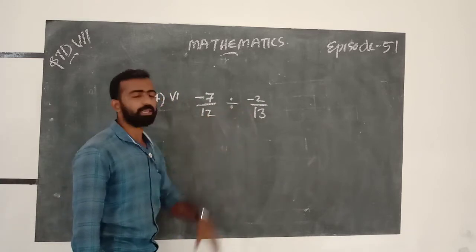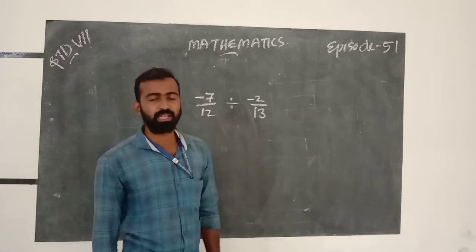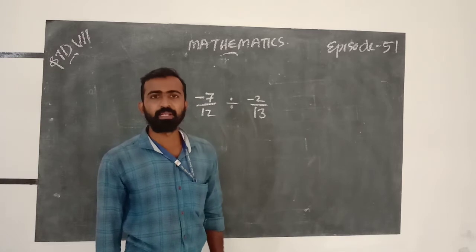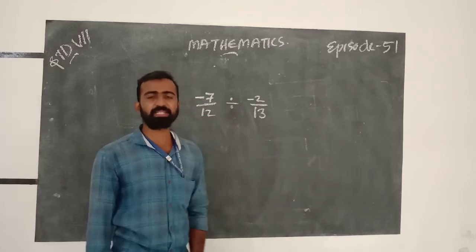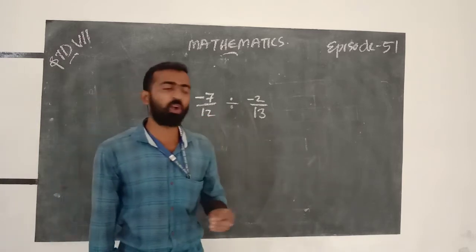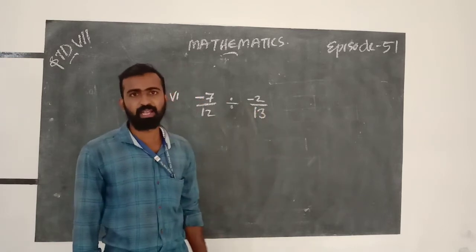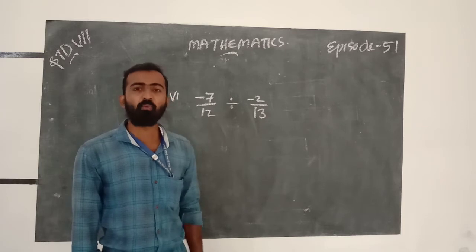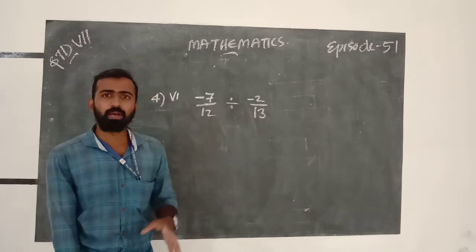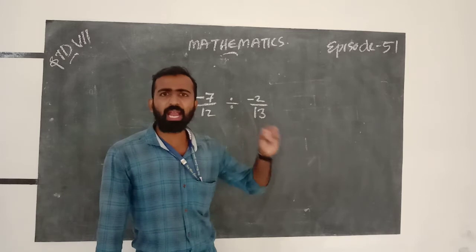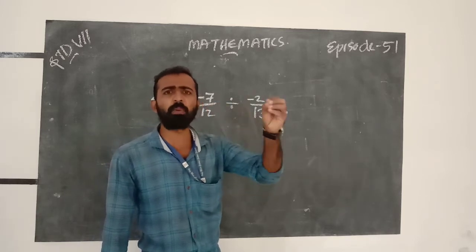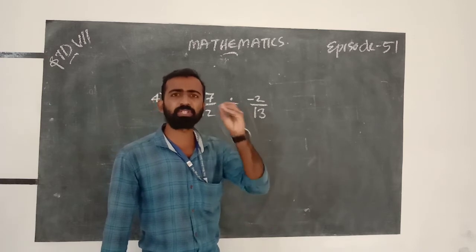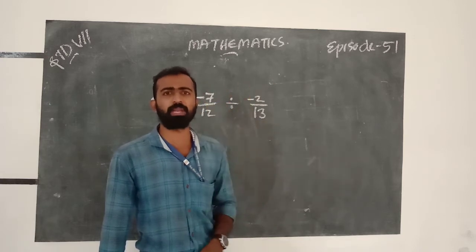Which way do we divide two rational numbers? The way of division is we take the reciprocal of the divisor and then multiply the rational numbers. What is the reciprocal? Reciprocal means we interchange the position of numerator and denominator.